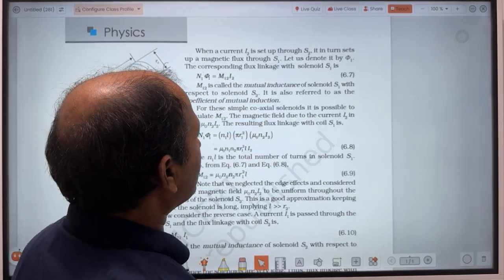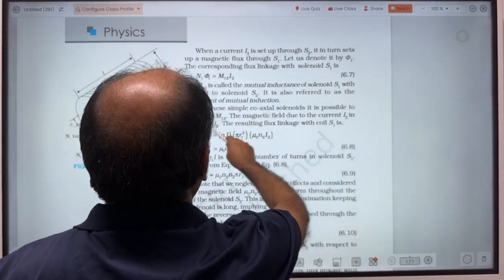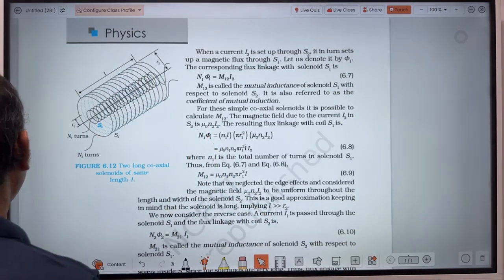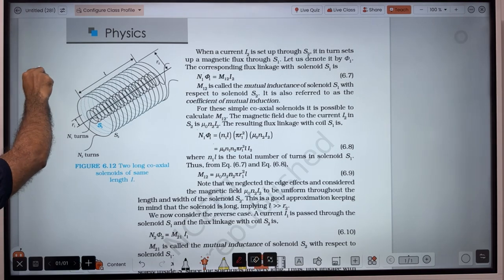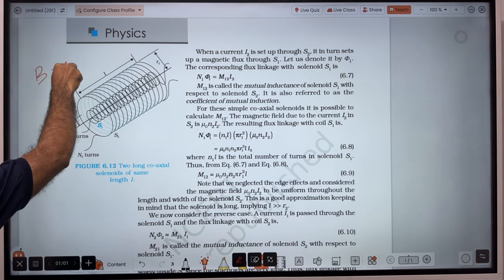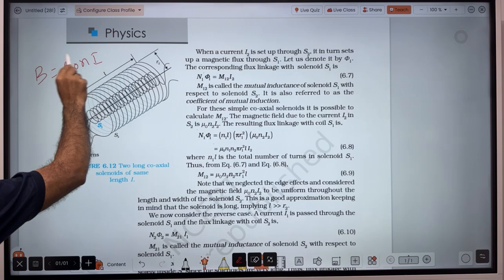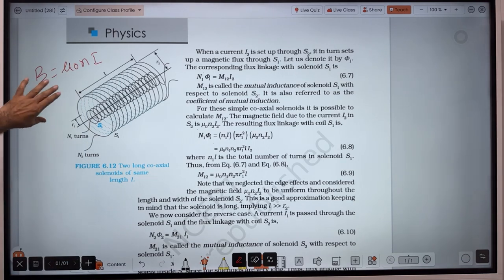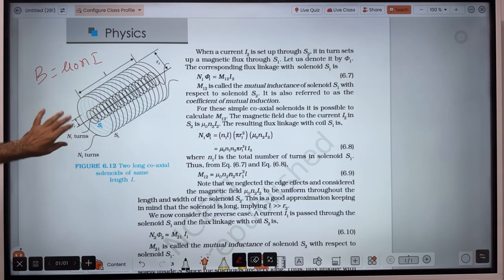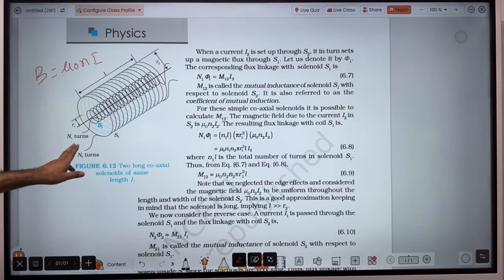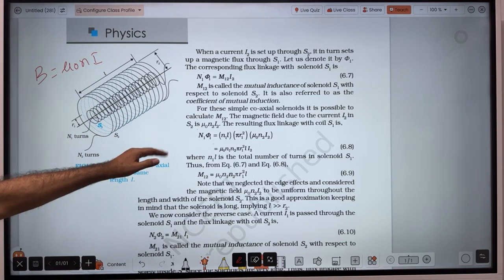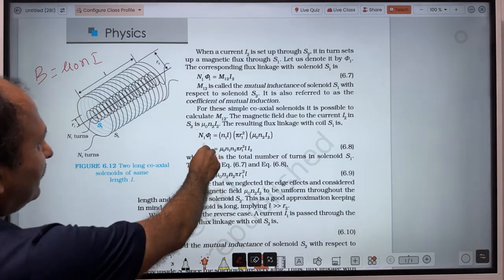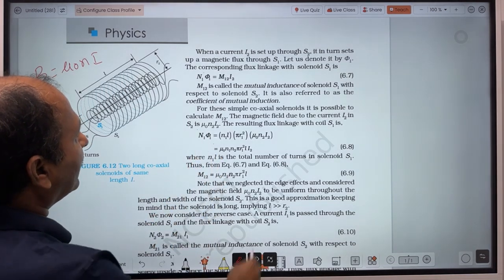The magnetic field due to the current I2 in S2, if you remember the expression, B due to a solenoid is given by μ0 n i, where n is the number of turns per unit length. So length is L and the number of turns is N1, so small n1 is N1 divided by L. The same thing we can write.